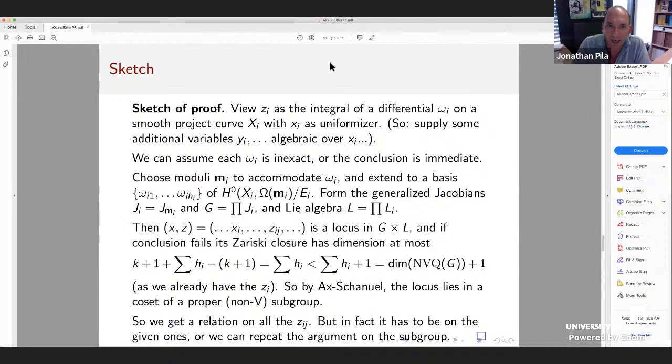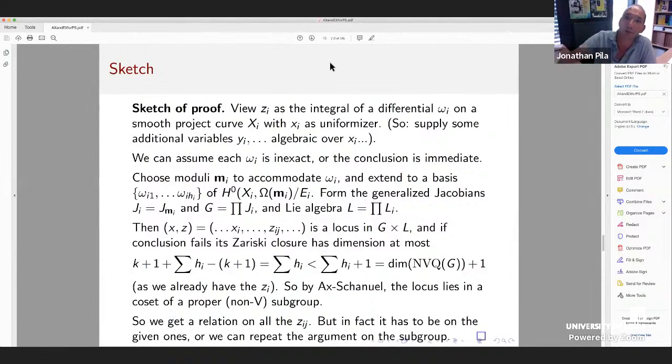So we view the zi's as integrals of some differentials omega I on some smooth projective curve capital Xi, which has little xi as a uniformizer. So what that really means is that you introduce some additional algebraic variables over the xi's so that you have a smooth algebraic curve and you have a meromorphic differential on that curve that you can integrate locally and make your function zi.